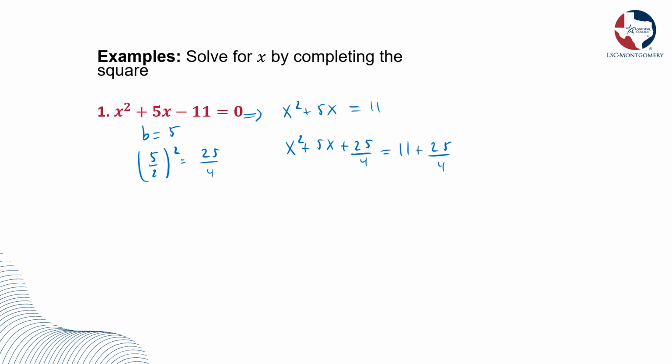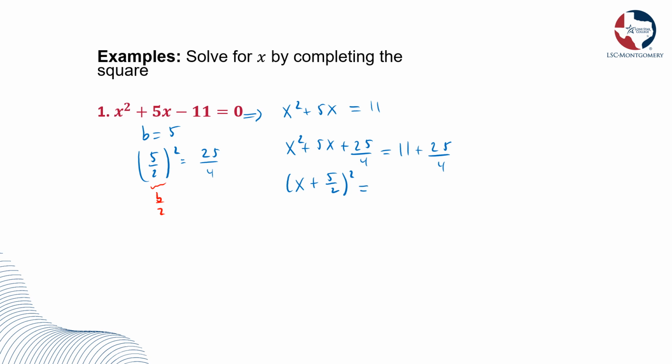So now when we factor it, we don't have to go through the process of applying the AC method or anything like that, because we know that when you factor a perfect trinomial, your perfect square will be x plus b over 2 quantity squared. In this case, this is our b over 2 here. So the left side factors into x plus 5 over 2 quantity squared.